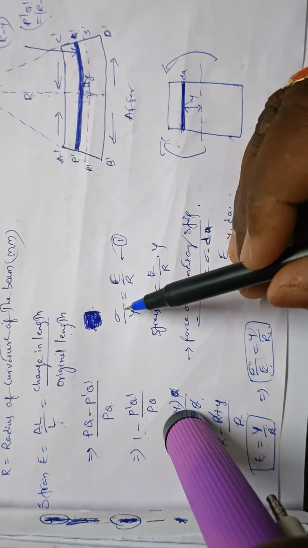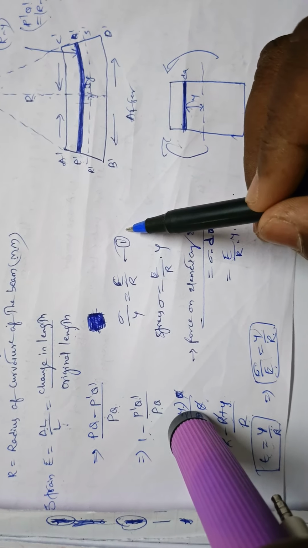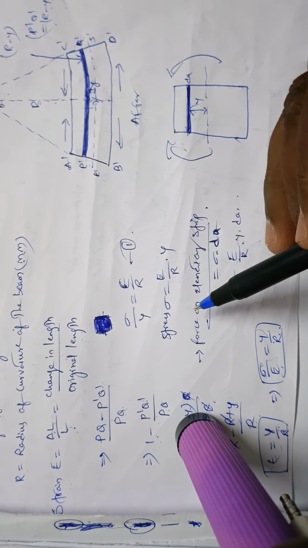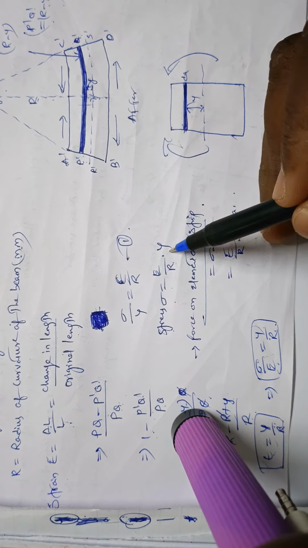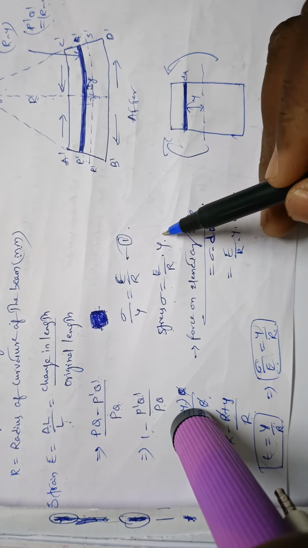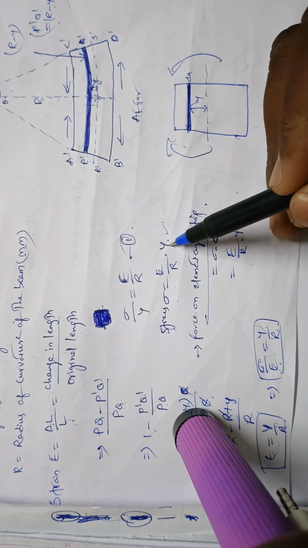Then it is written as sigma by Y is equal to E by R, equation 1. From this equation, our stress is sigma is equal to E by R into Y. So this is our condition.